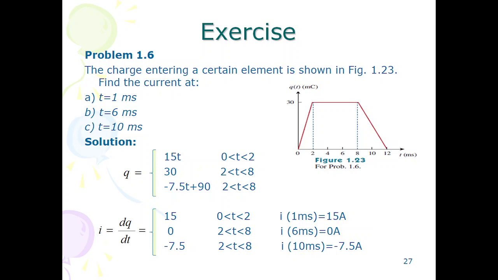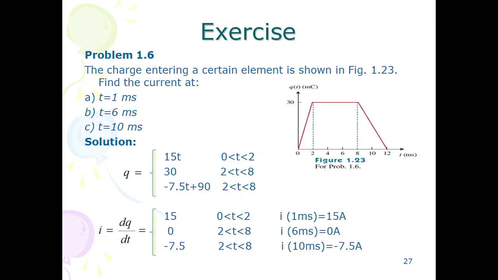Change in y means dq is equal to 30 and dt is equal to 2, which is equal to 15t, and so the equation from time 0 to 2 is equal to 15t, whereas the value of charge from time 2 second to 8 second is constant, which is equal to 30 millicoulomb.